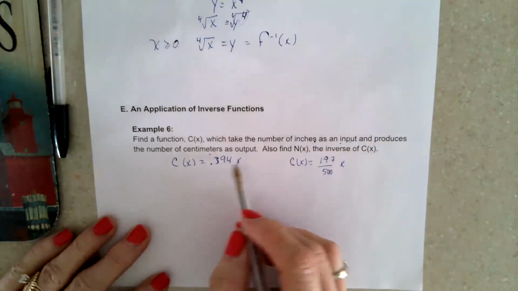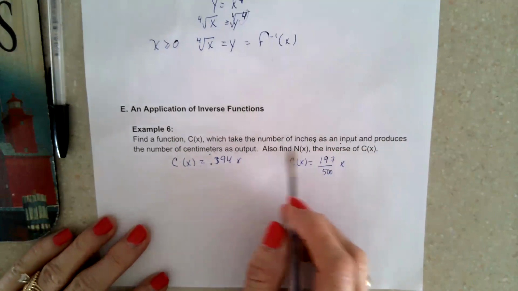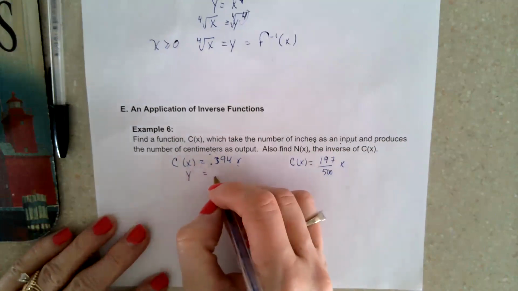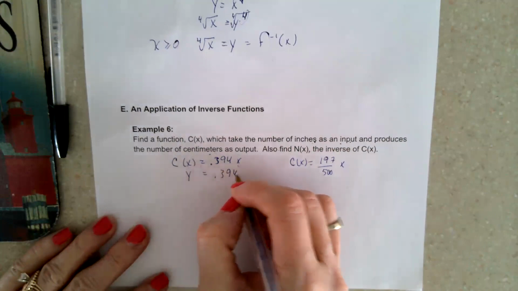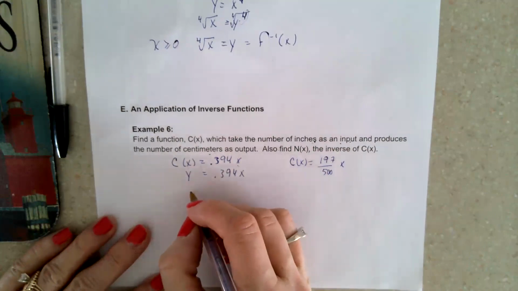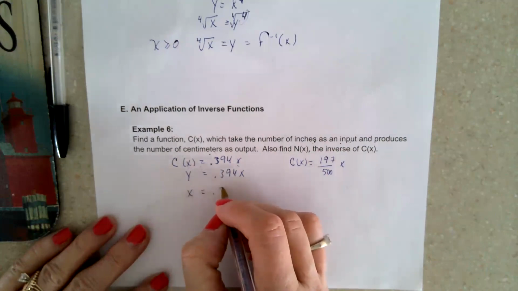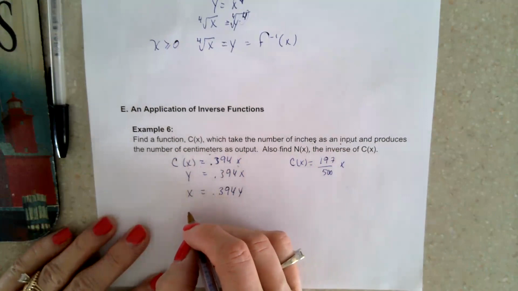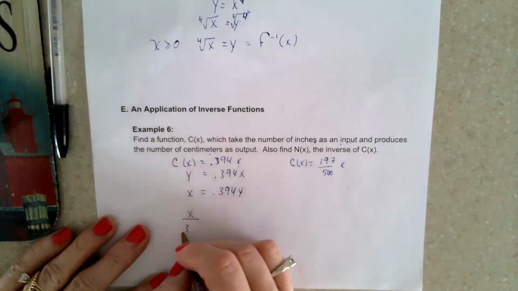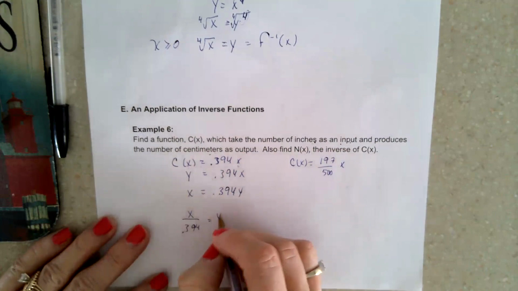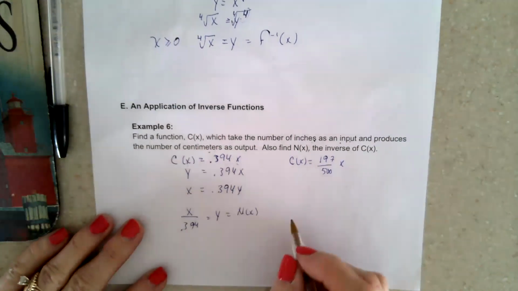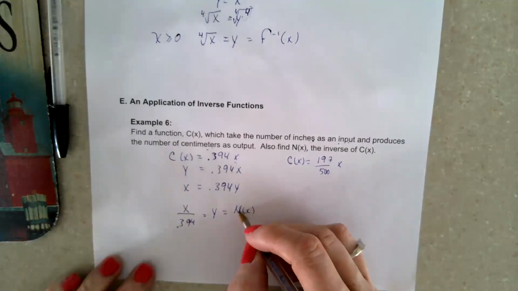And so if we want to find the inverse, which is n of x, then we're going to divide. We're going to call this y and then rewrite it as x is 0.394 y. And then we're going to divide by 0.394. And that is going to be the inverse of c of x, or it's n of x.